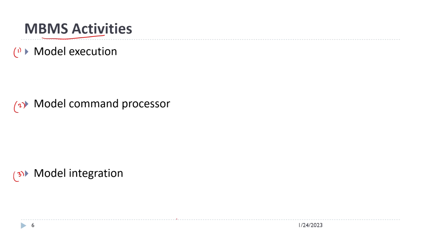And the first one is model execution. The main aspect of it is that it controls the running of a model. Where do you run the model? On a computer system. Okay. You require a computer system to run it.